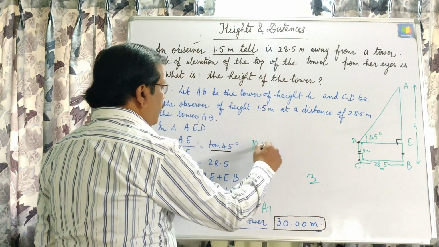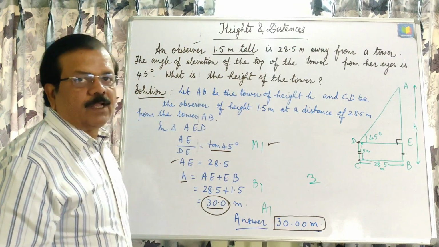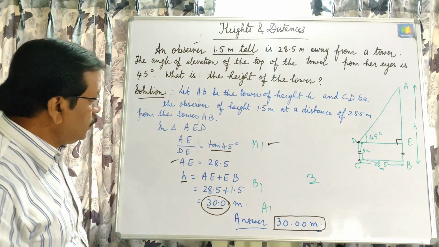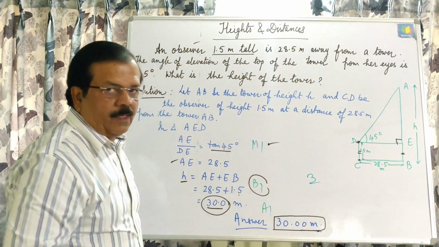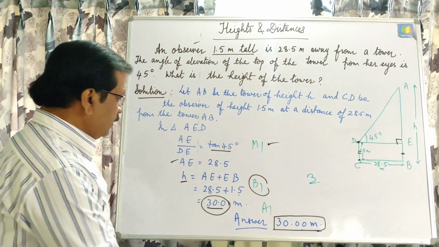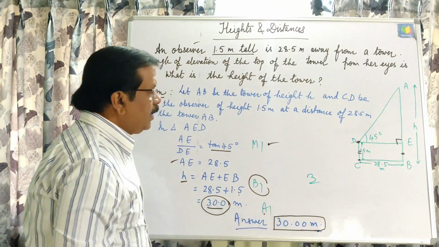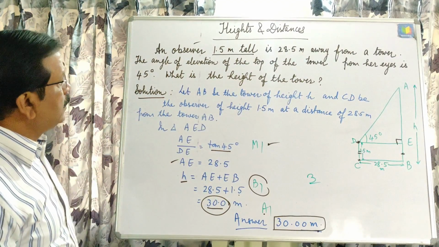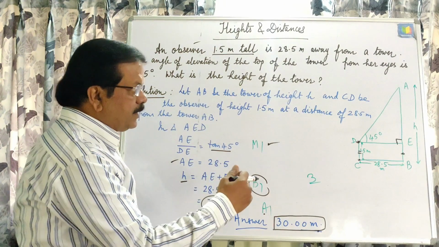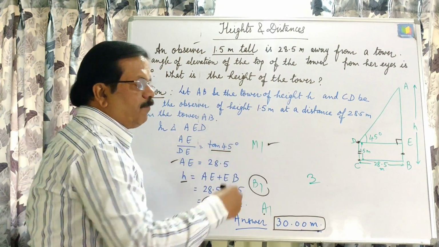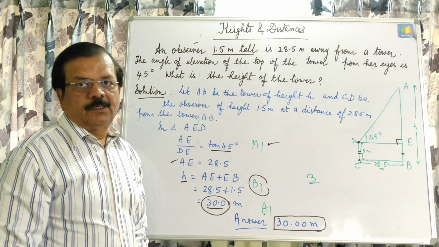This way, again following the marking scheme, 1 mark will be given on the correct ratio, the 2nd mark will be given on this calculation because these are independent marks, and the 3rd mark will be given on the correct answer, and this way 3 marks. Now next question, and again in the next question you will find another type of figure.